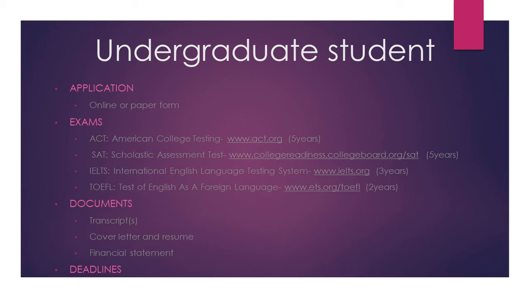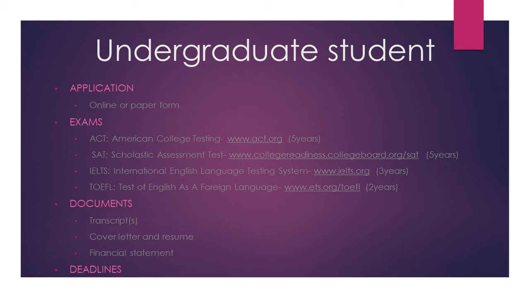Now your financial statement. Even if you intend to get scholarships, some schools may still require some form of financial statement from you, stating that in the event that you don't get a scholarship or a financial aid, but you get an admission, you still have some form of financial backing, either from your parents, your guardian, or your sponsor.